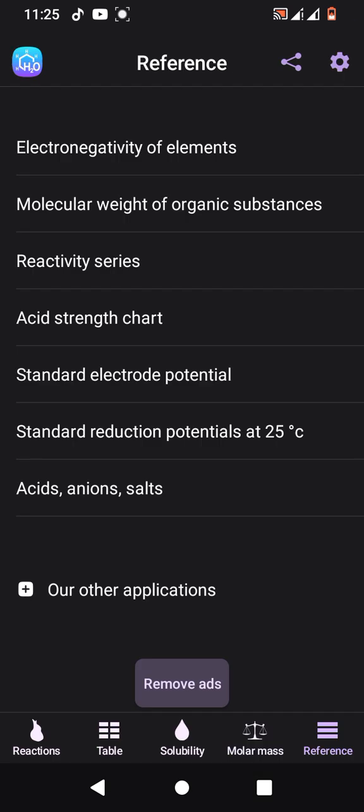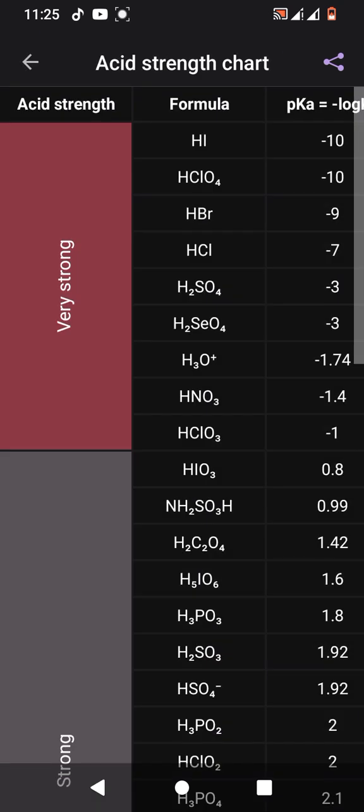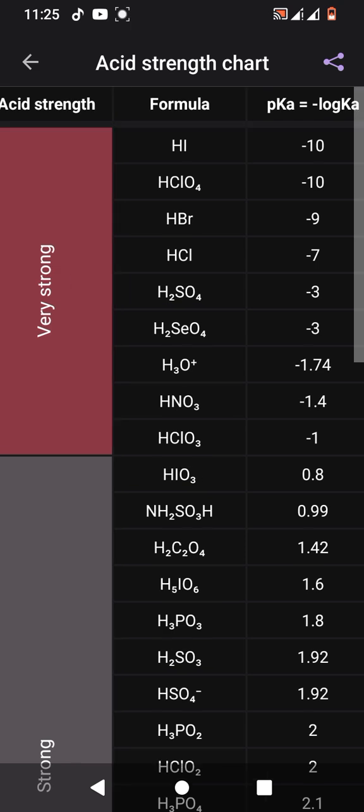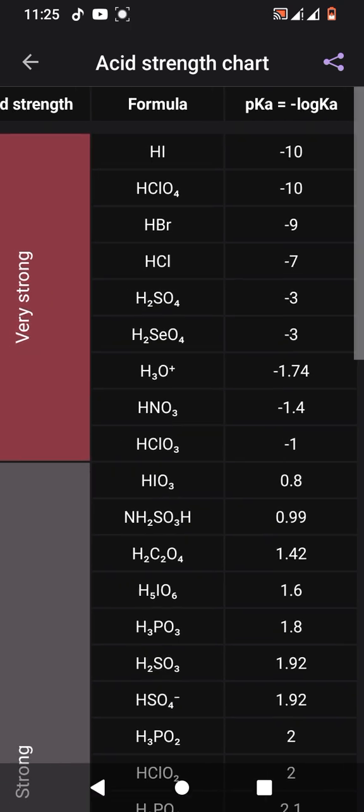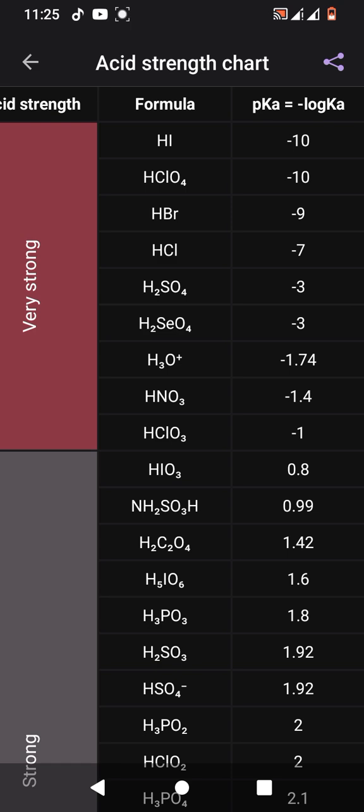Okay, we do have our acid strength chart. So the strongest acid is hydrogen iodide. It has a pH of -10. That's possible. There are much worse pHs than this one.